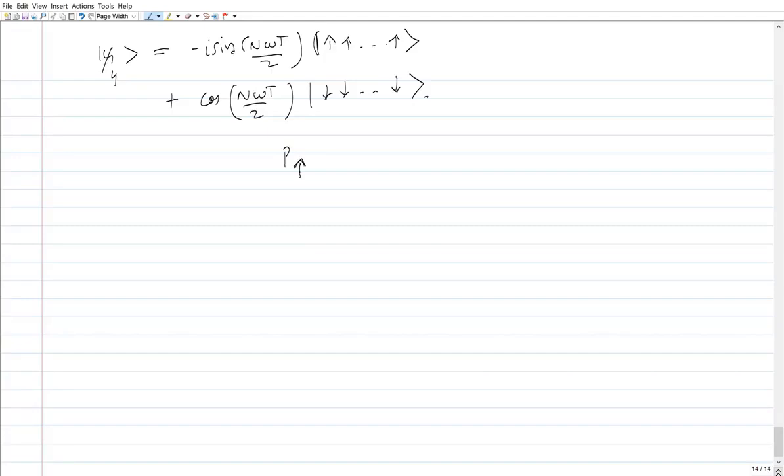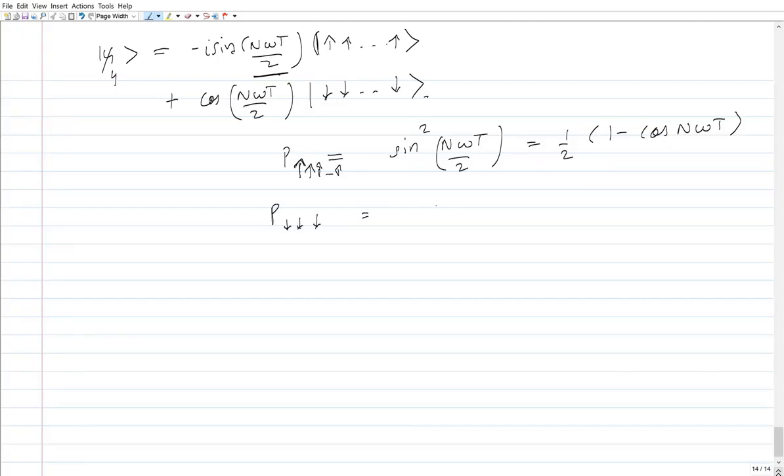Now the phase information which was present in psi 3 about omega has been converted into amplitude information, and basically I can calculate the probability of all spins up, and p of all down, and I shouldn't forget the important scaling part.